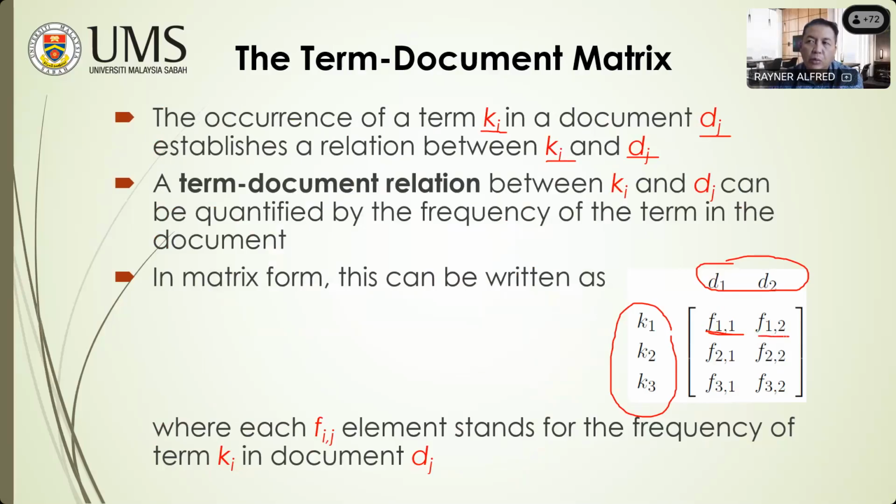Weighting refers to pemberat, or in this case we use binary, so it could be 1 or 0. This one indicates whether K1 exists in document 2 or not. This one, K2 exists in document 2 or not. So this is what we call the term document matrix.